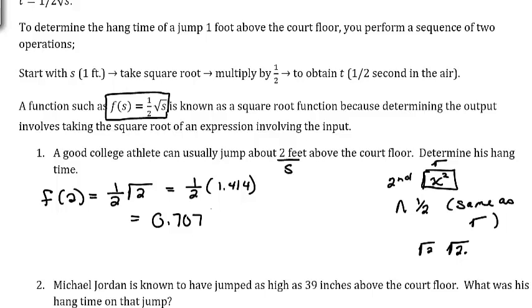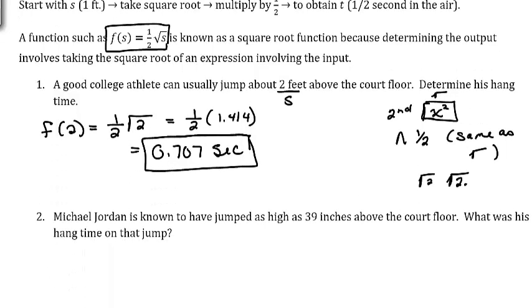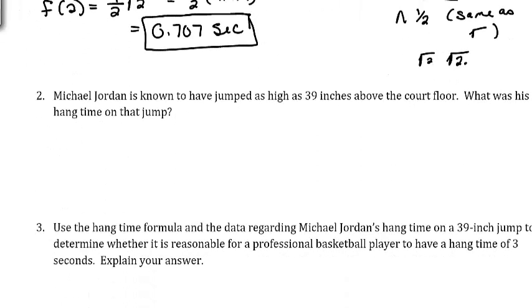We should always put units on this, and this would be seconds. So if you jump 2 feet in the air, you would spend 0.707 seconds in the air.